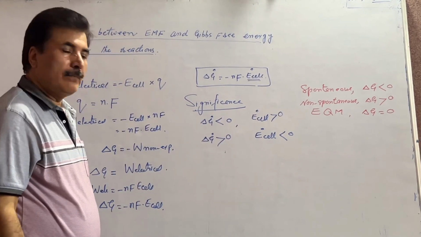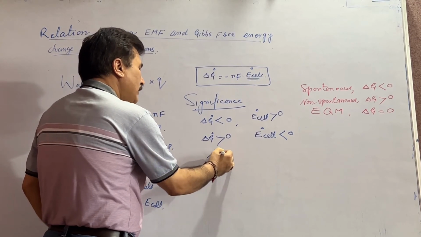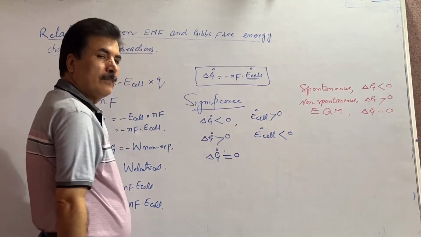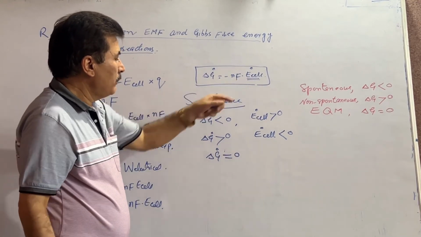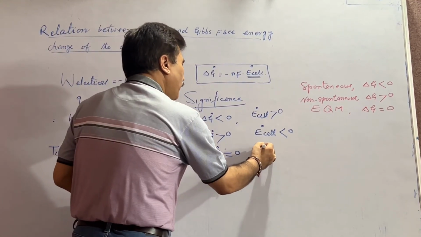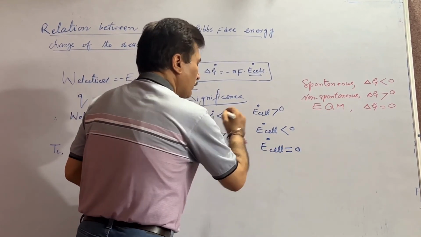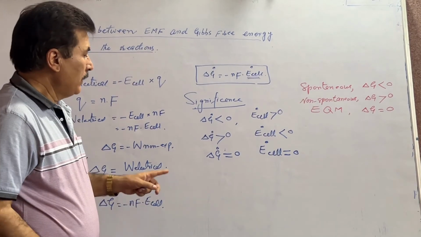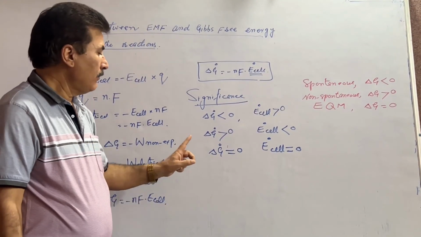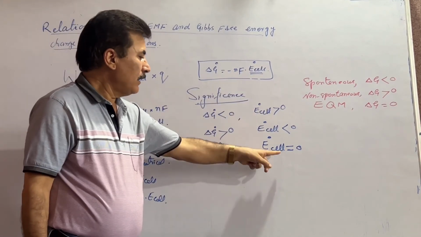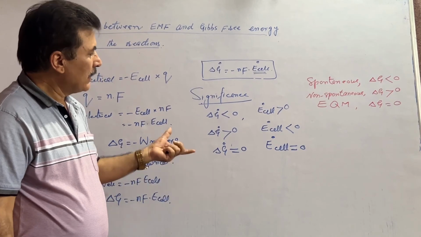For equilibrium, delta G naught is equal to 0. It is possible only if E naught cell is equal to 0, which means the current will not flow through the cell. At equilibrium, E naught cell will be 0. Now our next topic will be the Nernst equation.